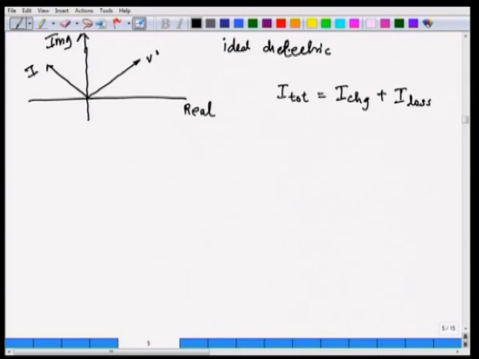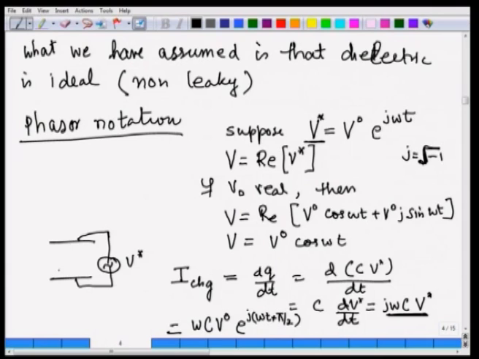What we are saying is, if this dielectric was not leaky, then we get a phase difference of pi by 2. If it is leaky, then we will not get a phase difference of pi by 2, but something else. So in that case we will write the total current as the charging current, which is dq by dt, the current for an ideal capacitor, plus some loss.